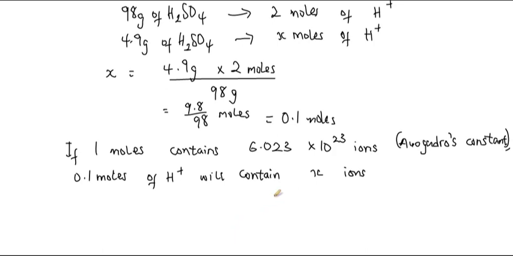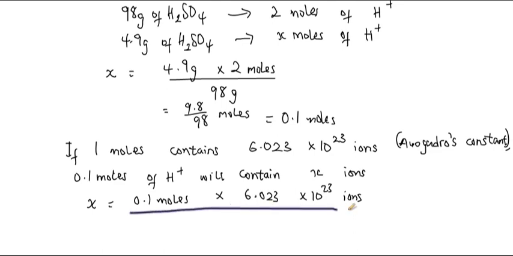So now to get X, we'll then say X equals 0.1 moles multiplied by 6.023 times 10 raised to the power 23 ions divided by 1 mole.